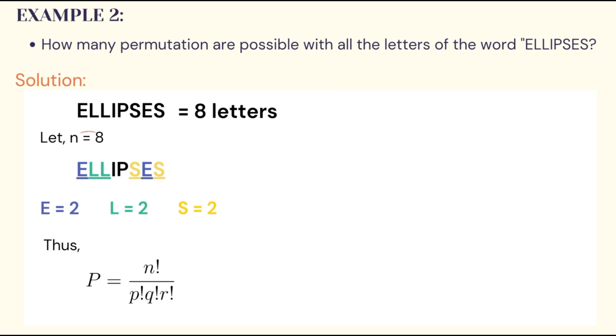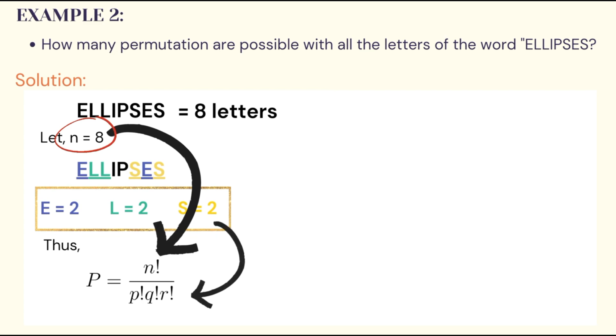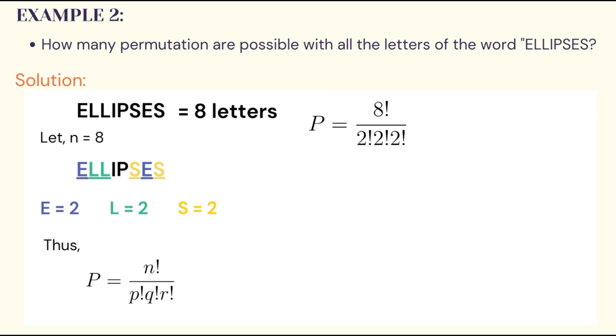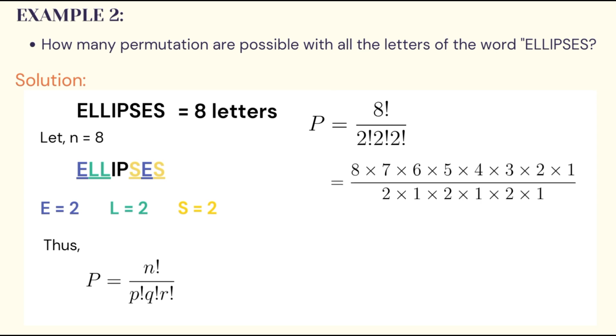By substitution, we will have P equals 8 factorial all over 2 factorial 2 factorial 2 factorial. Get the factorials of the values. 8 factorial is 40,320.